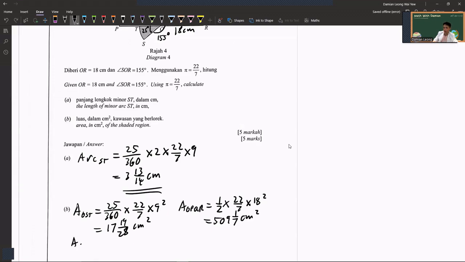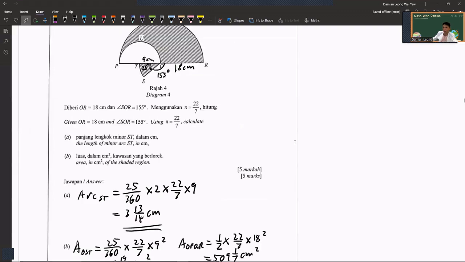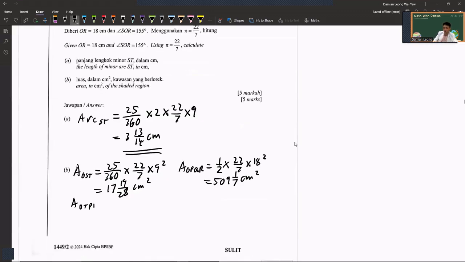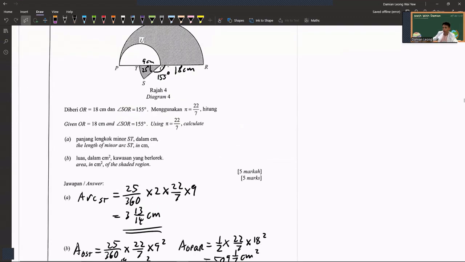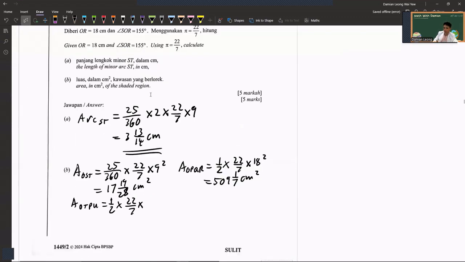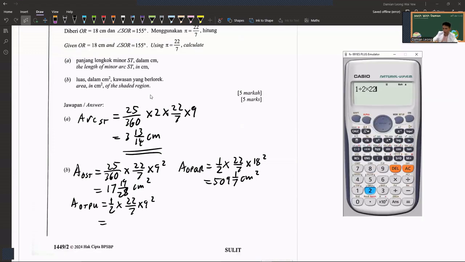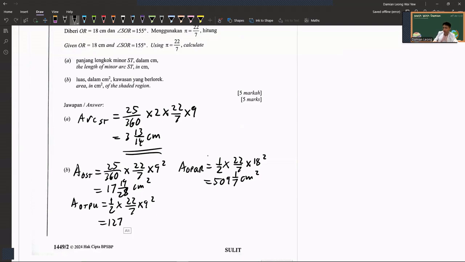Then area of OTPU, also half, or 180 over 360 times pi r squared. Radius here is the same as the radius of the small sector, 9 squared. Half times 22 over 7 times 9 squared. 127 2 over 7 cm squared.